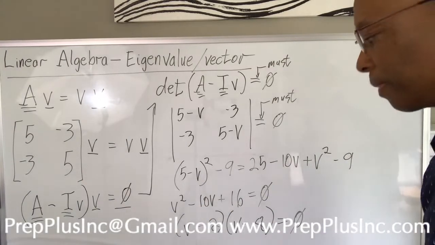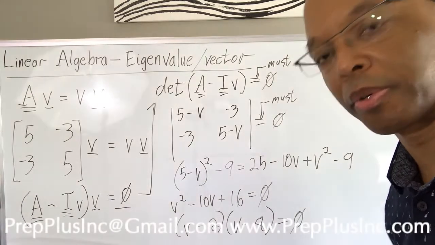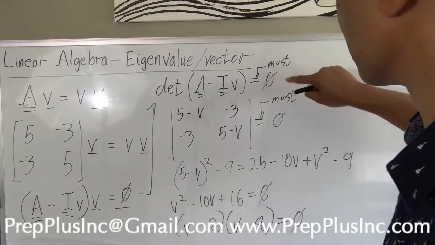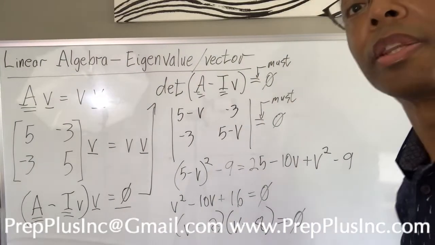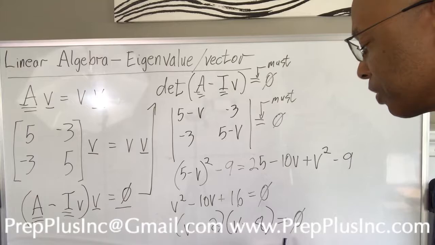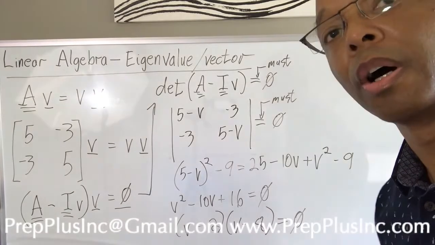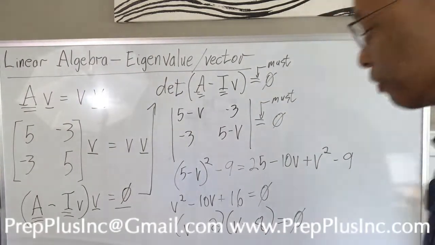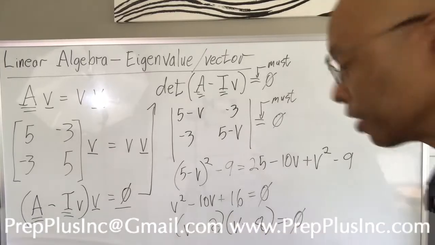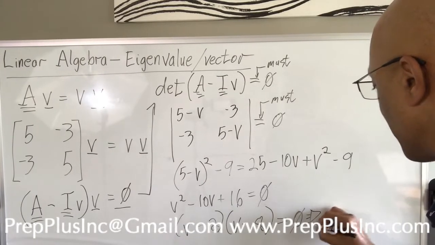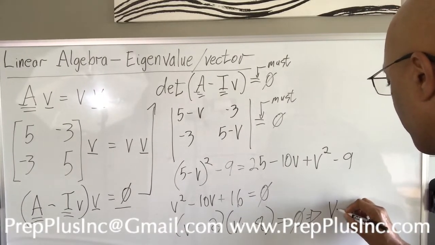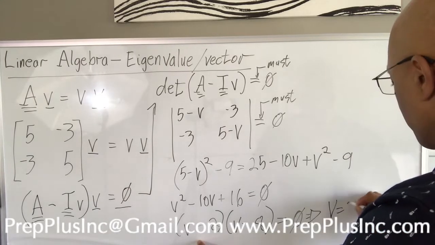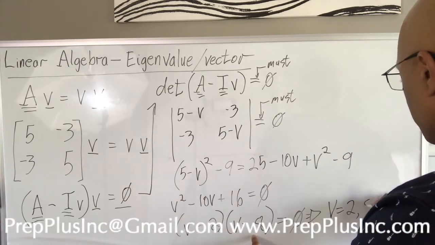Okay, that's right. So this is, again, just the characteristic equation. So then this tells us that the roots of the characteristic equation are the eigenvalues. Let's see, so that means the eigenvalues are 2 and 8.